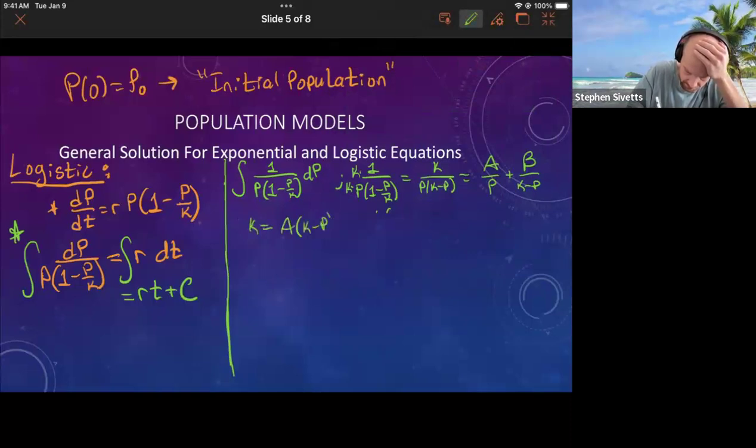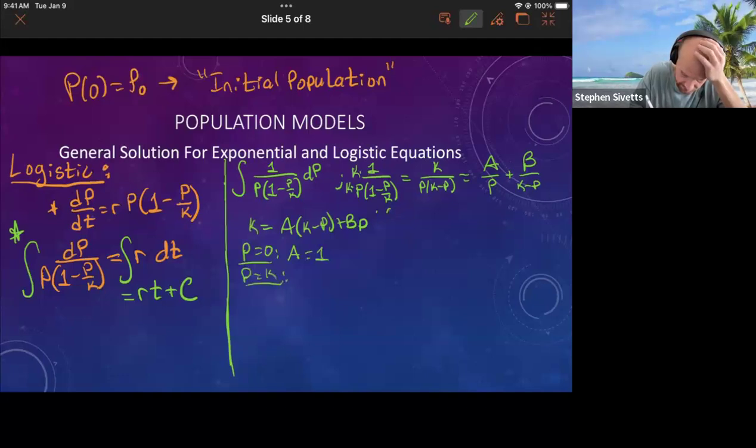So 1 equals A times (K minus P) plus B times P. And if P is 0, I'll have A is 1. And then if P is K, B is 1. Yeah, so I'll have that.